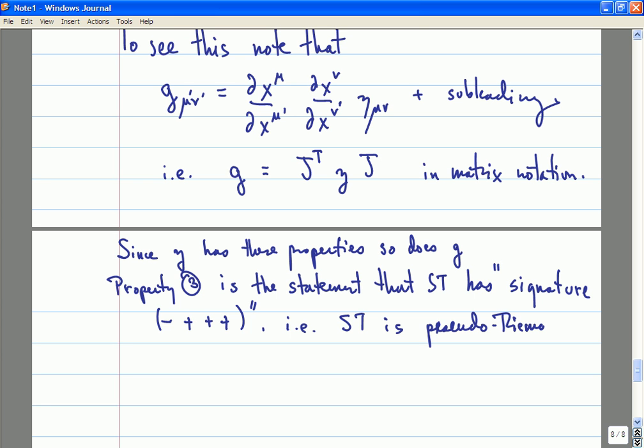A Riemannian manifold would be a space with purely positive signature, so that the eigenvalues of the metric were positive numbers, and a pseudo-Riemannian manifold is one with one or more negative eigenvalues. Any questions on that?